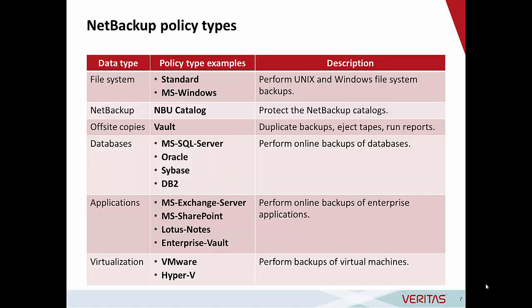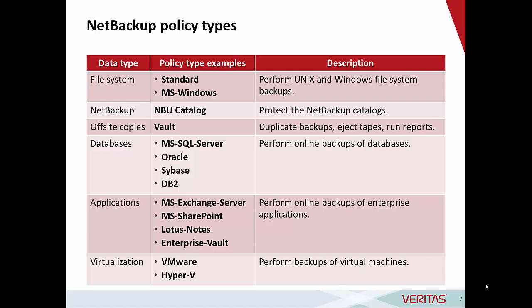This slide shows different types of NetBackup policy types. Other NetBackup training, such as the administration course, covers file system backups, catalog backups, virtualization backups like VMware in quite a bit of detail, but does not cover topics like database and application backups in so much detail.